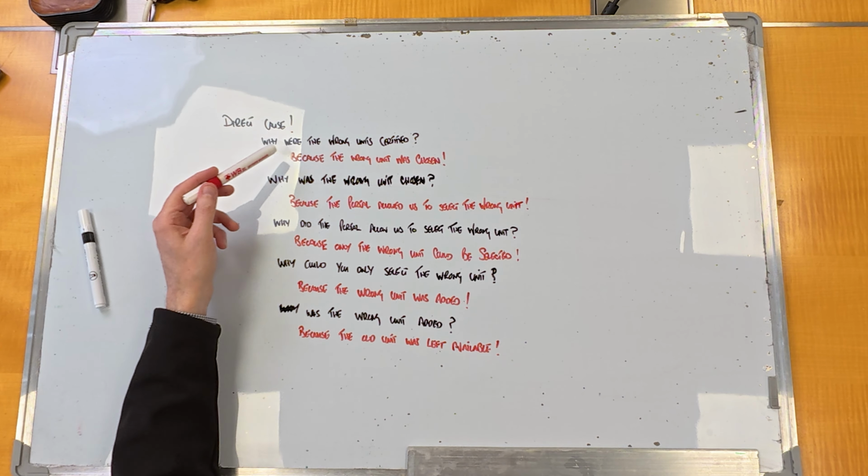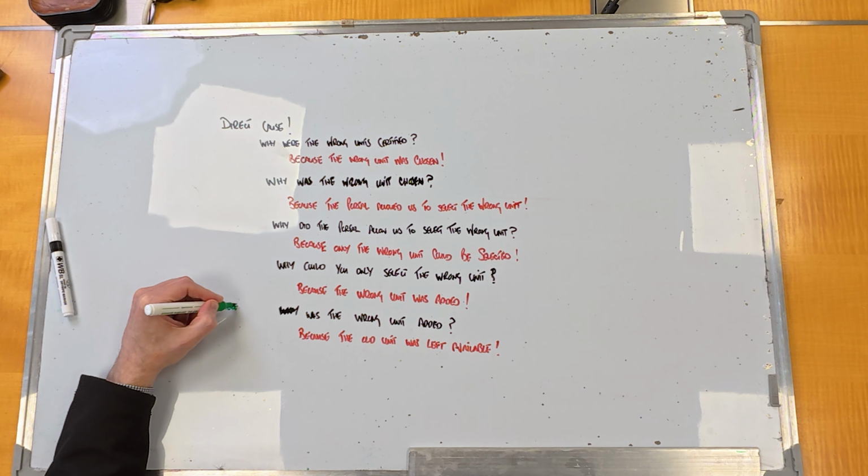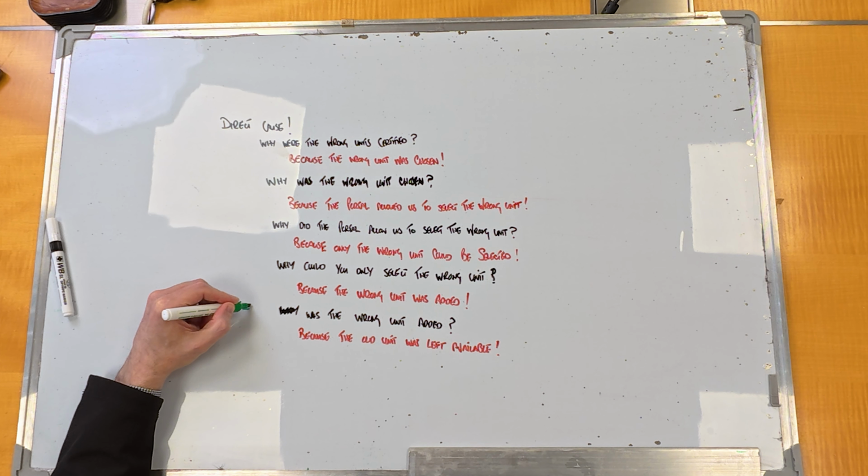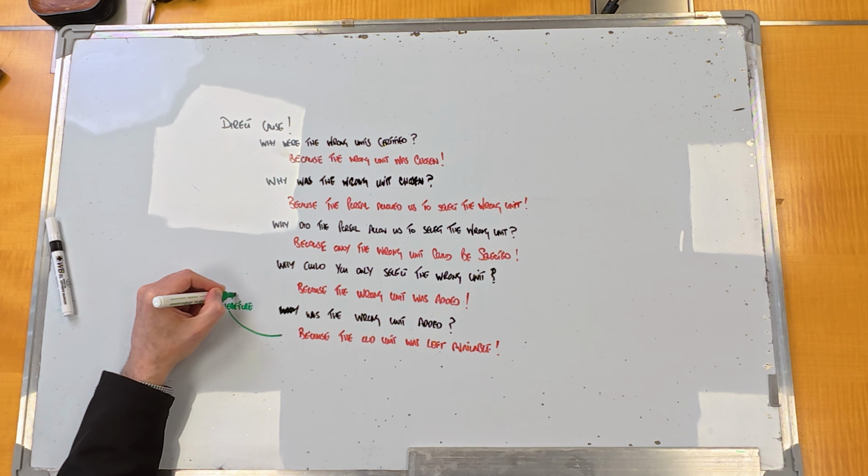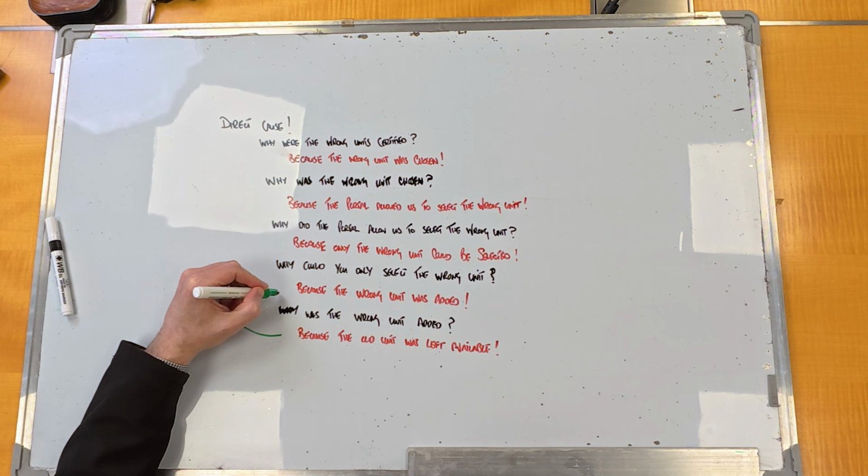So we've drilled in by saying why, because, well, let's go in reverse. Remember to go in reverse and ask the therefore. So let's just do that as an example. Because the old unit was left available for selection, therefore the wrong unit was added to the qualification. Therefore, only the wrong unit could be selected. Couldn't do it right, we could only do it wrong.